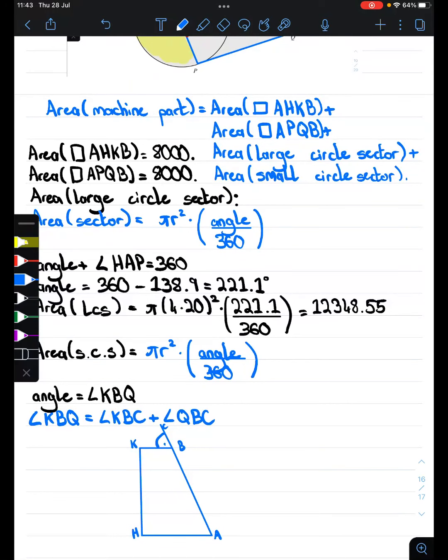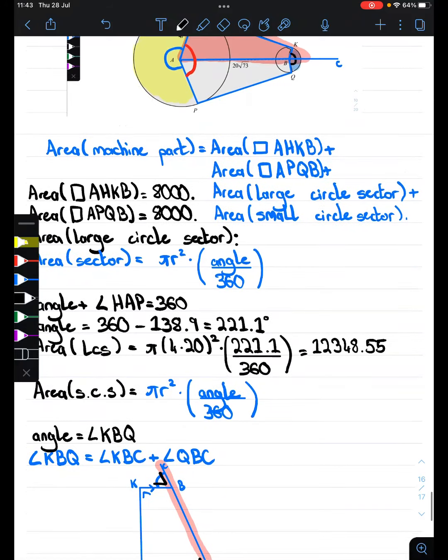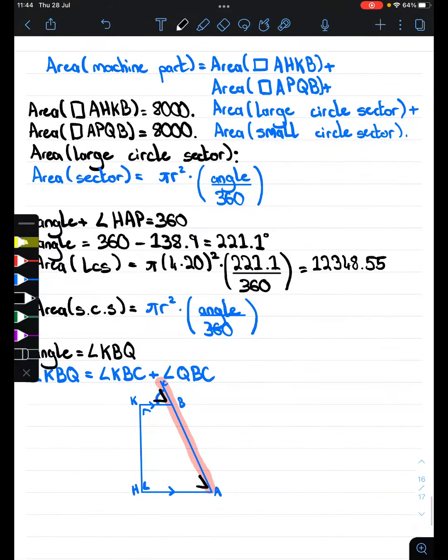We know that this is a right angle, this is a right angle, and these two are parallel. That makes CBA a line that cuts through two parallel lines, which means the corresponding angles here and here are equal.